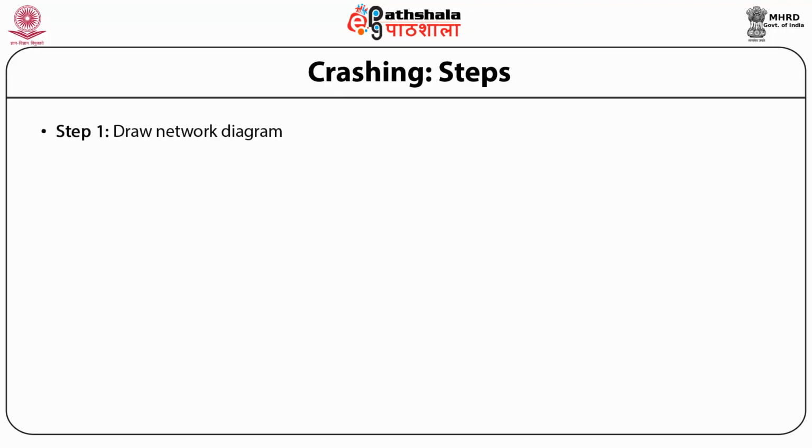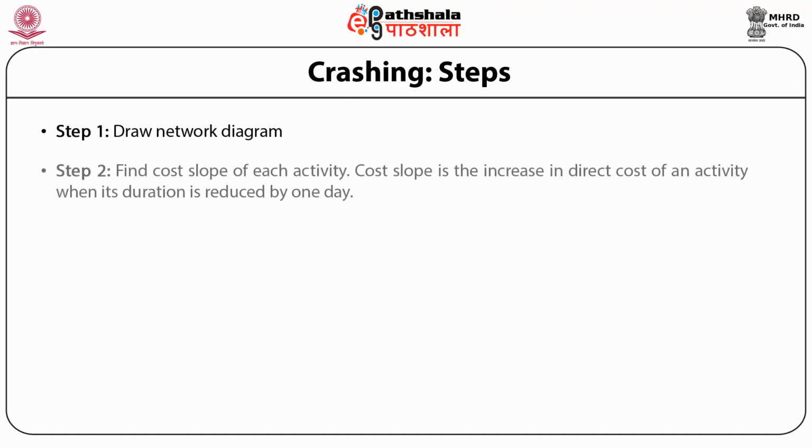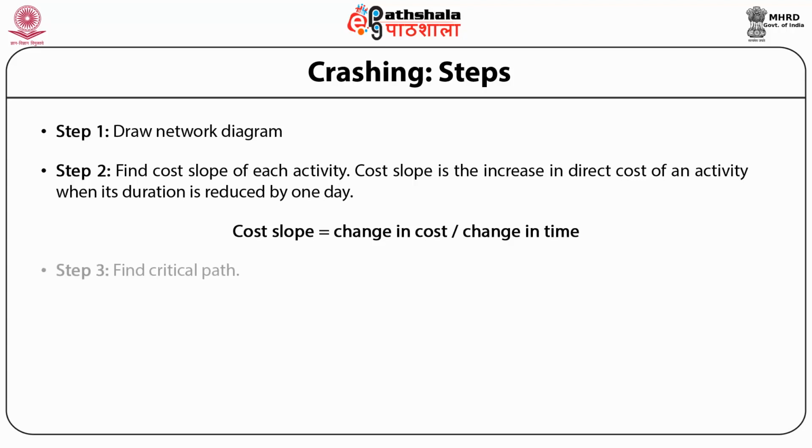Step 1. Draw network diagram. Step 2. Find cost slope of each activity. Cost slope is the increase in direct cost of an activity when its duration is reduced by 1 day. Cost slope is equal to change in cost divided by change in time. Step 3.